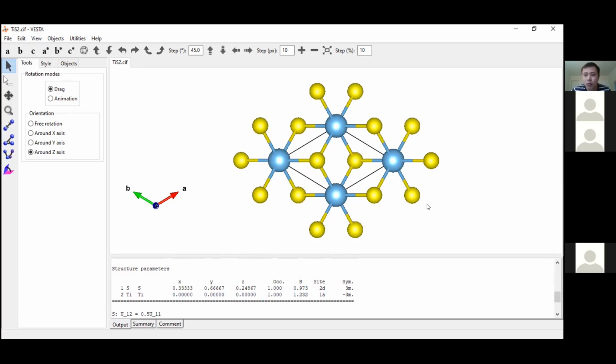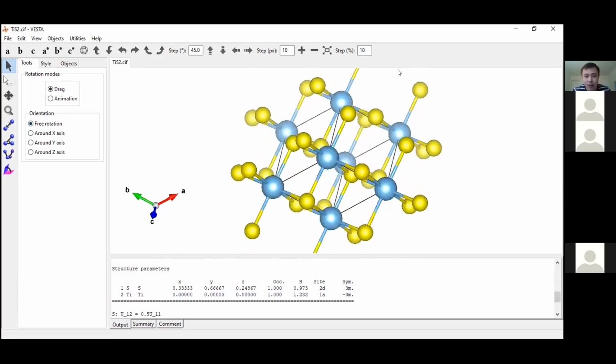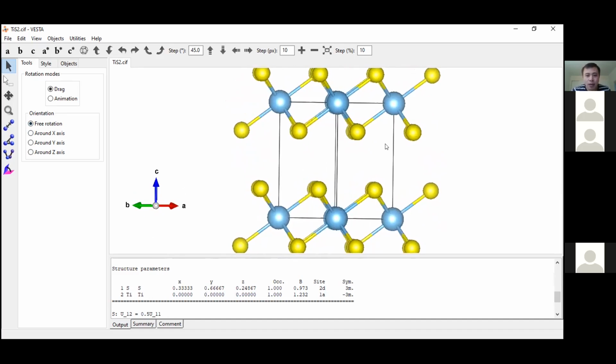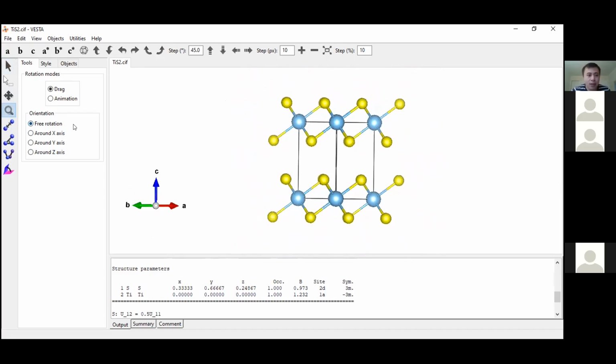Okay, before we move to PDF GUI, just one last word about the structure, which is the stacking. Let me zoom in a little bit.